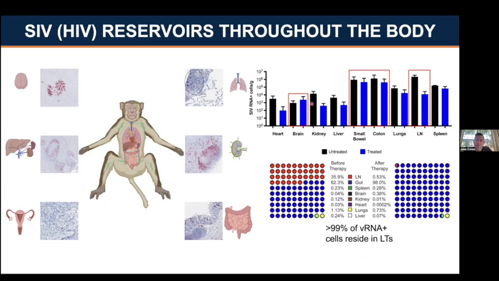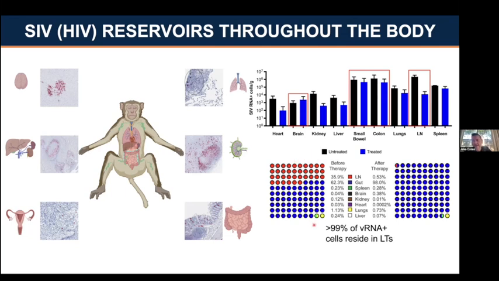So one of the things that we're able to do with these data is actually quantify the total number of infected cells within these different tissue compartments, and from that, the total HIV viral burden of total DNA positive cells.